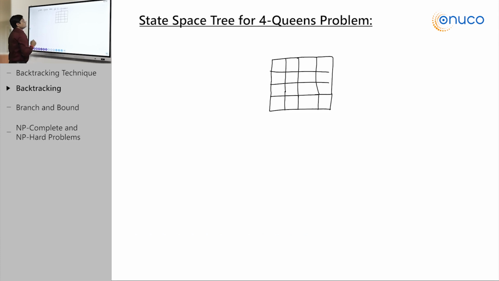Now we have to place 4 queens on the 4 by 4 chessboard, which we have already drawn.